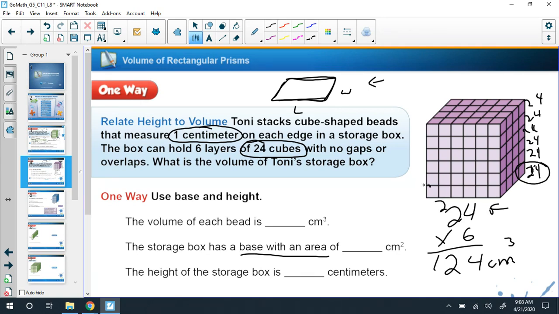Now, when we add one layer, then we are giving it some height, but that height is just 1 unit. And so when we multiply length times width, that gives us our area, right? So in this case, our area is 24 centimeters squared. And they don't become cubic until we give it this bit of height.